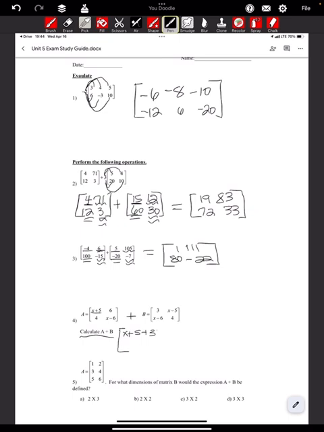So that's this and this. So I'm going to do my squiggly for 6 and x minus 5. So I'm going to say 6 plus x minus 5. Then I'm going to do my double line for 4 and x minus 6. So I'm going to have 4 plus x minus 6. And then my double squiggly for x minus 6 and 4. So I get x minus 6 plus 4.